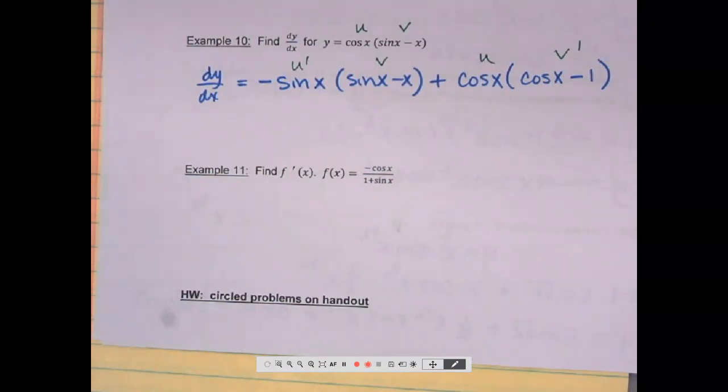Check this first step. Are we okay with this? Can I simplify? Just get negative sine x squared, plus. How would I write that product right there?